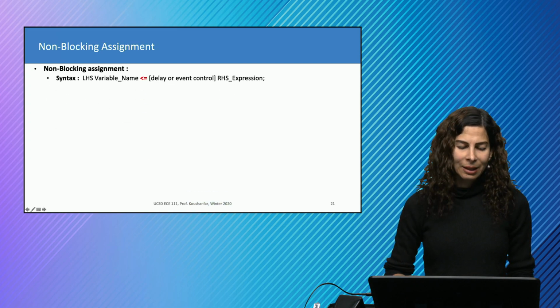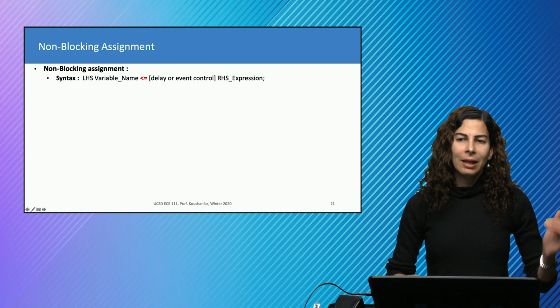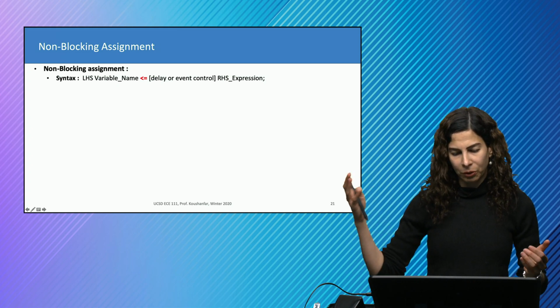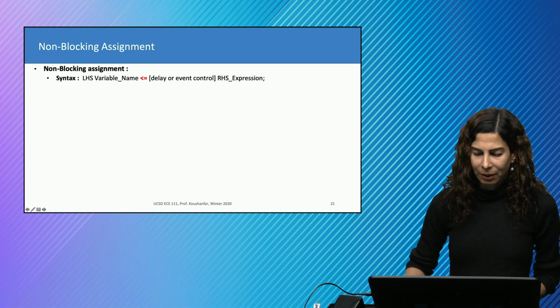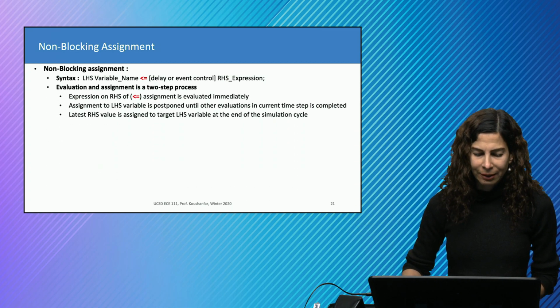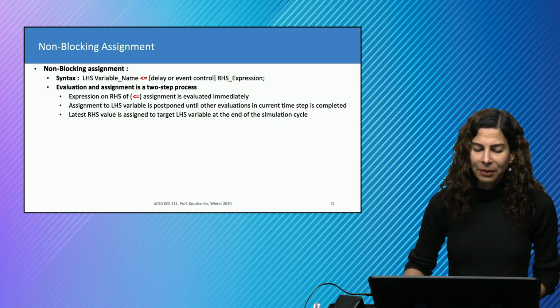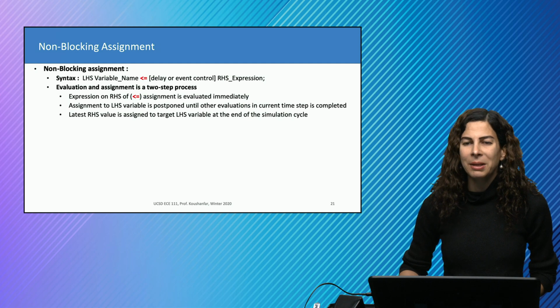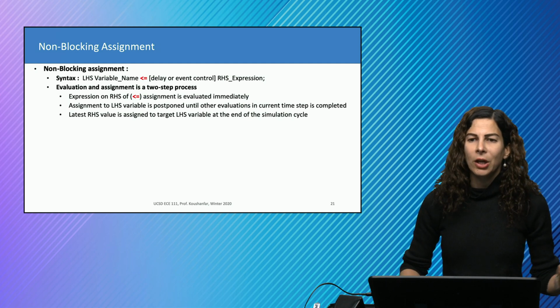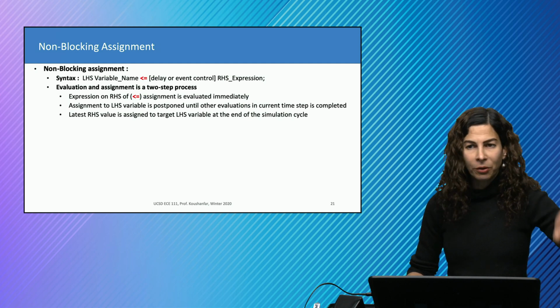Non-blocking assignment does not have this property. Again, a left-hand side variable gets the right-hand side expression with a less than or equal sign, but these expressions are evaluated immediately once the clock arrives. You may have multiple flip-flops.